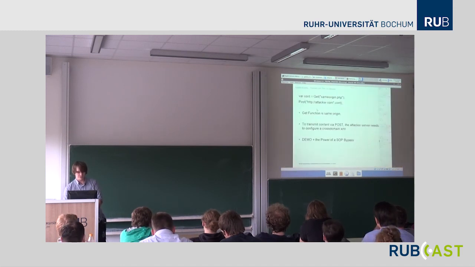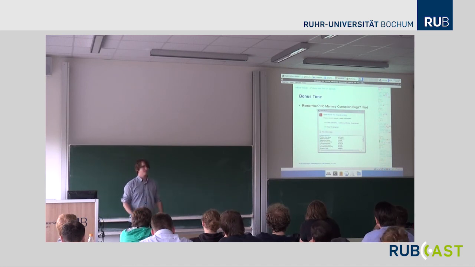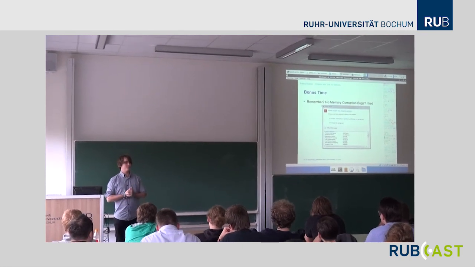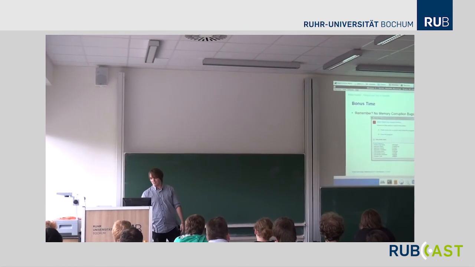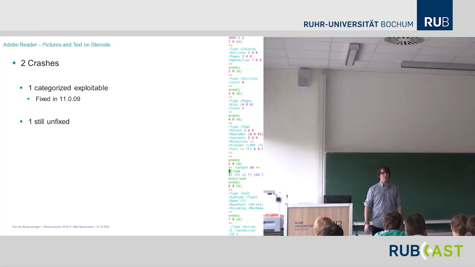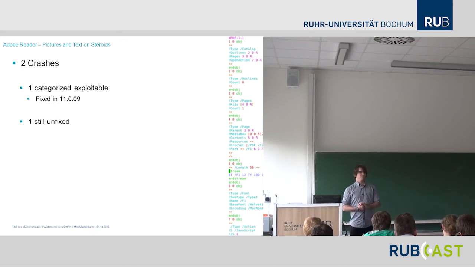And the next thing is, I told you that I didn't look for memory corruption bugs. I just tried to ignore them, but it was impossible. It crashed by itself, twice actually. And one was exploitable, at least according to the MSEC command line, the extension for WinDbg, where you can just say exploitable, and it will tell you how likely it is to be exploitable or not.